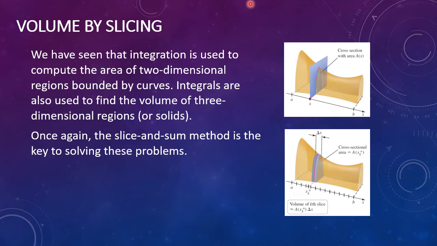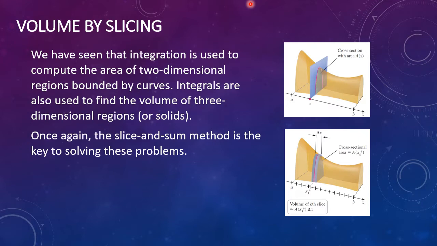In the past, we've seen that integration is used to compute the area of two-dimensional regions bounded by curves by using two-dimensional rectangles, and the areas of those rectangles, and then adding them all together as the number of rectangles goes to infinity, if you will.